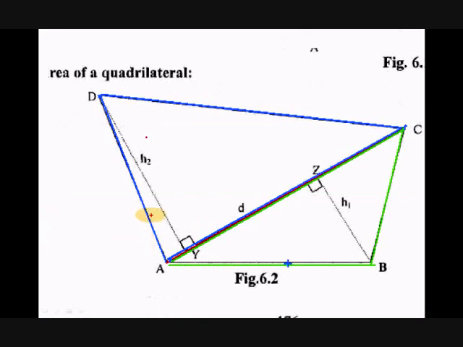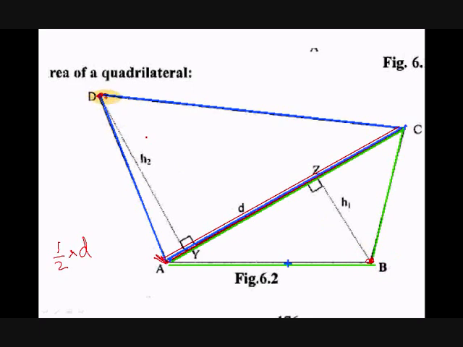When you look at it here, it's half the product of the diagonal. Diagonal is what? This is the diagonal of the quadrilateral. So the product of the diagonal and the sum of the altitudes drawn from the opposite vertices. This is one vertex, this is another vertex.